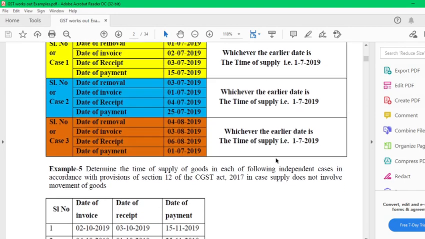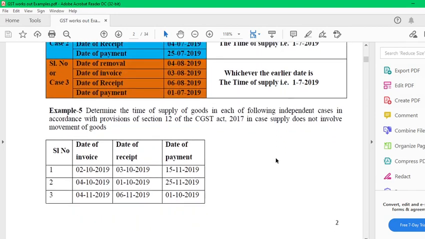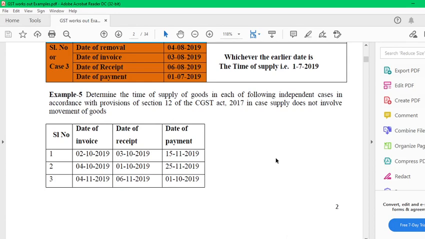Example 5. Determine the time of supply of the goods in each of the following cases. Each case is treated as independent. Now, date of invoice, date of receipt, date of payment. For case 1, the dates are 2/10/19, 3/10/19, and 15/10/19.